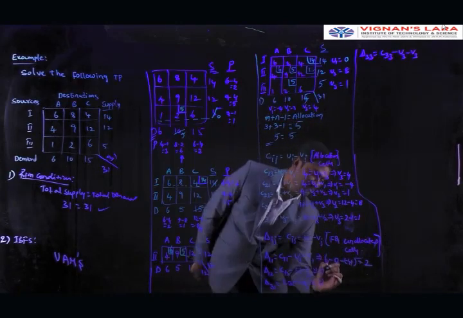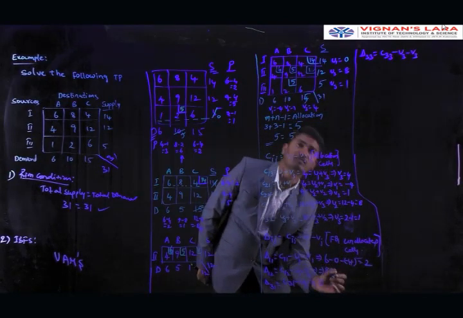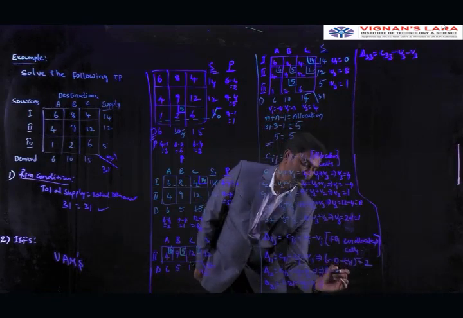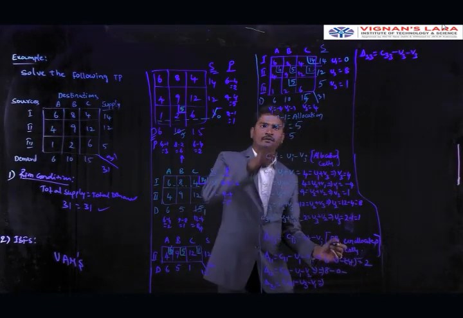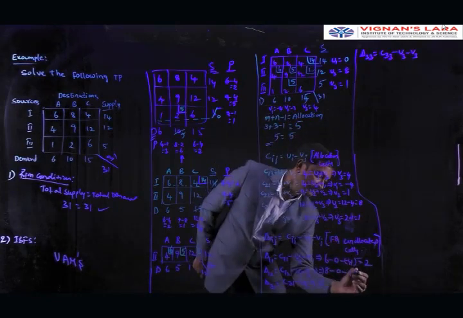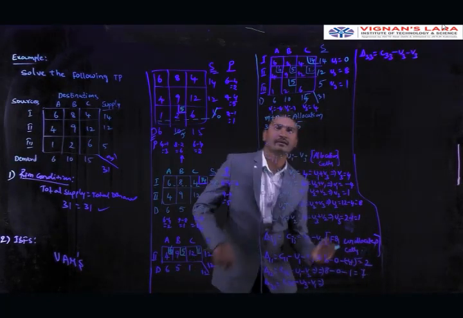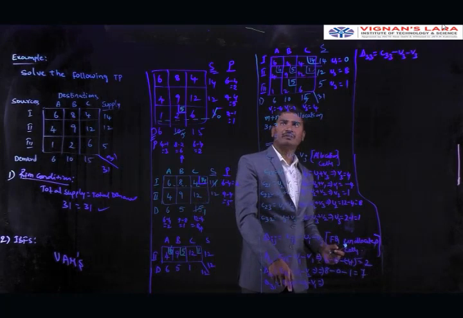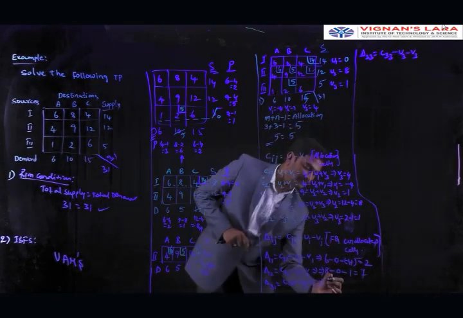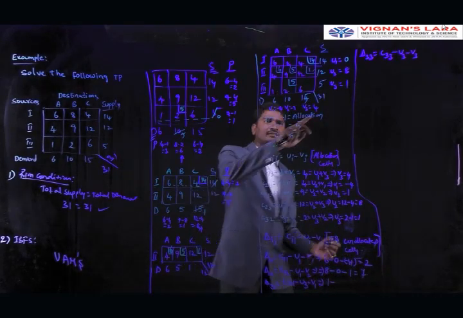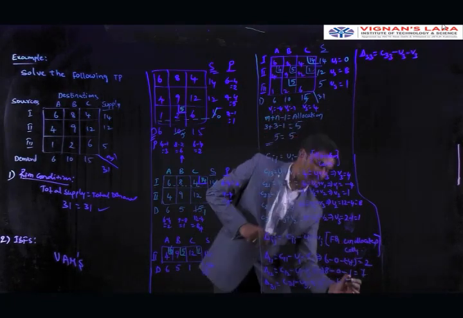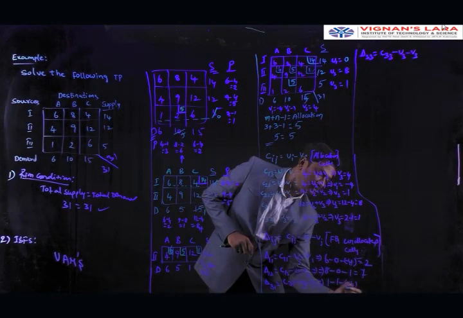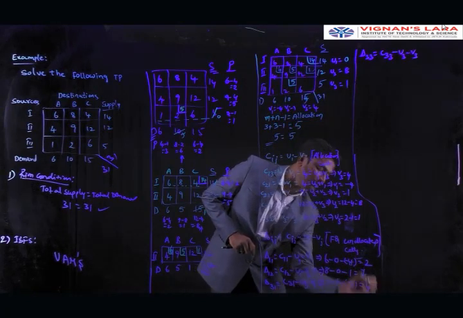How much is C12? 8 minus U1 is 0 minus V2. What is the V2? V2 is 1. So, we get 7. Next, C31. What is the C31 value? 1 minus U3 is 1 minus V1 minus of minus 4. So, from this we get 4.